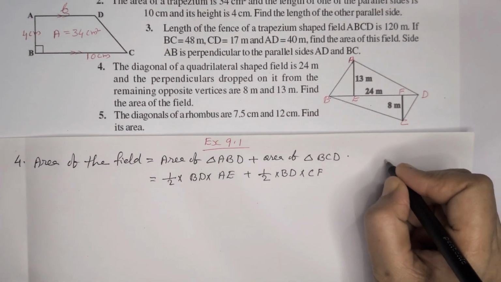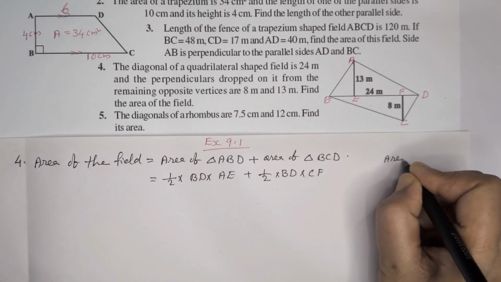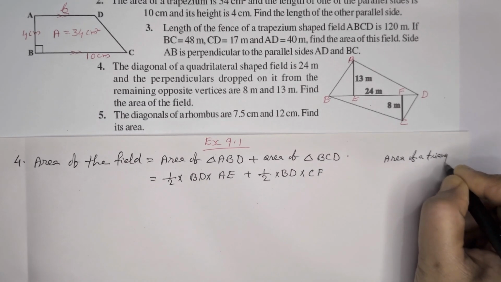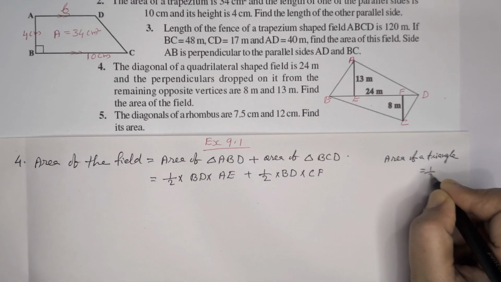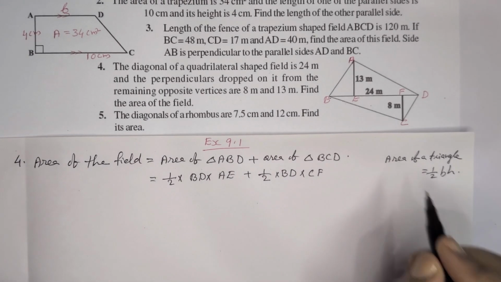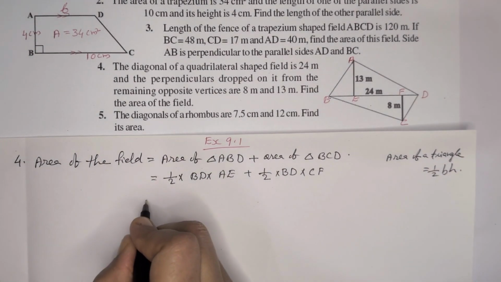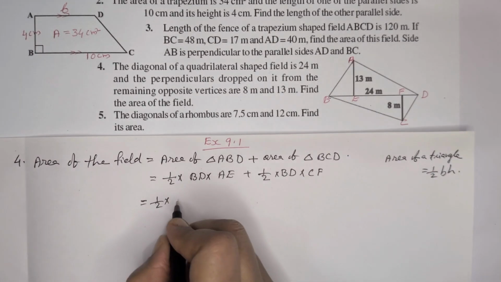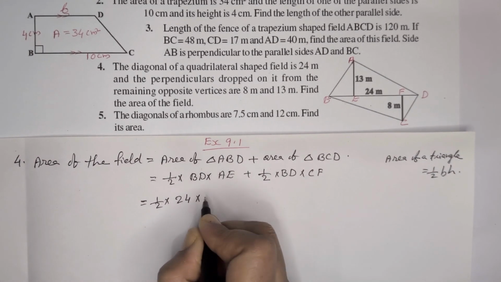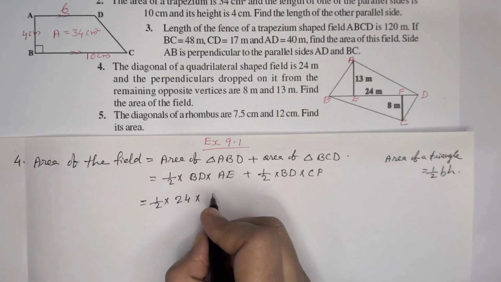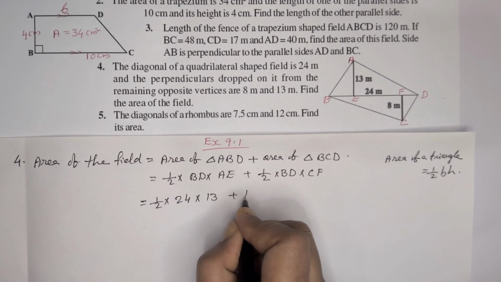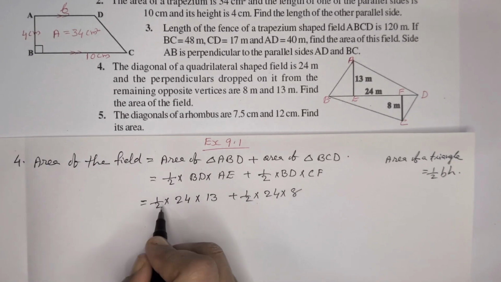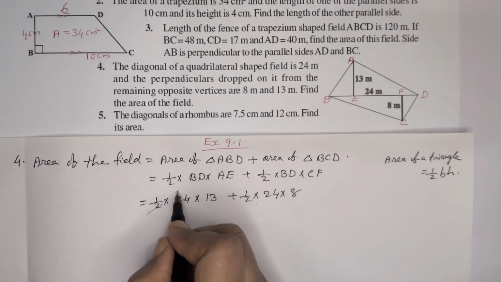We can write here the formula area of a triangle is equal to half BH using that formula. Here, which is equal to half into BD is 24 meter, 24 into AE is 13. That plus half into 24 into 8. Here we can divide by 2, 12.